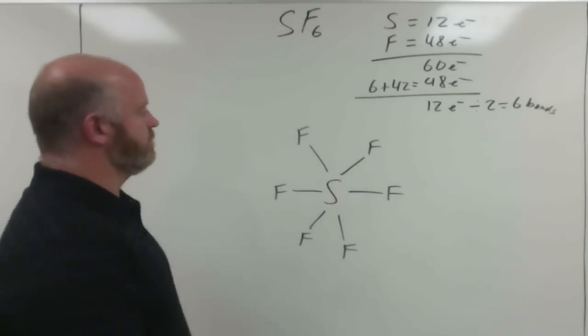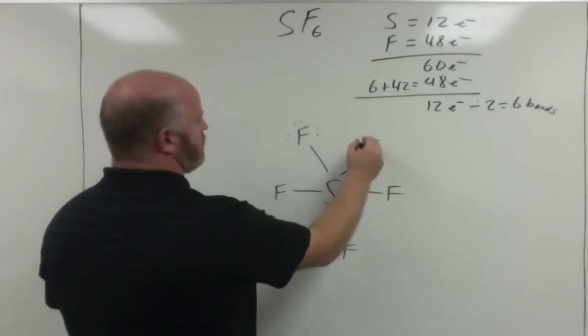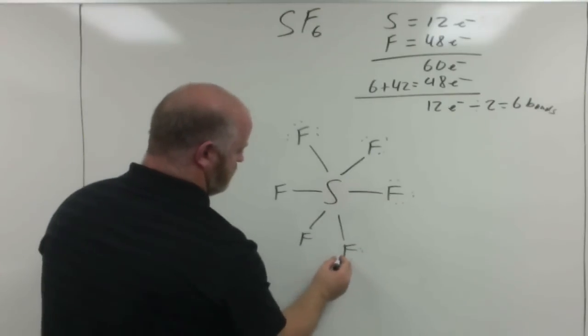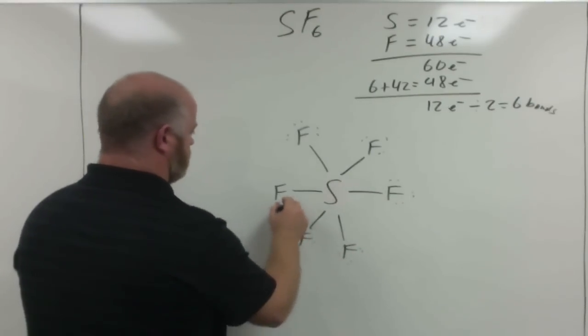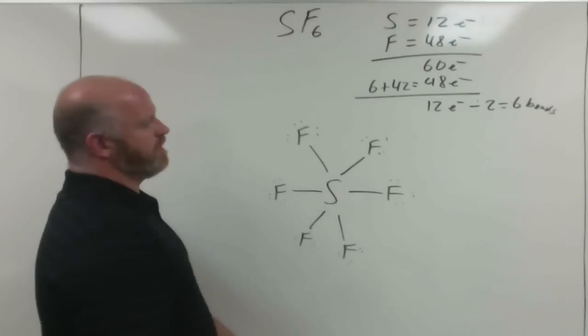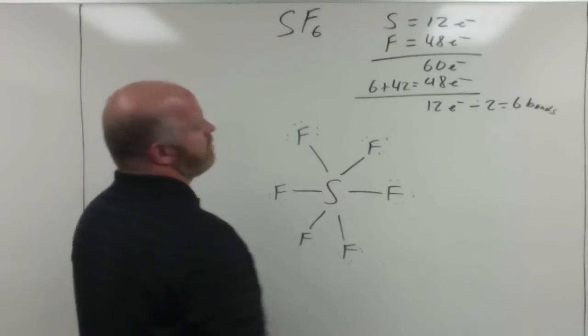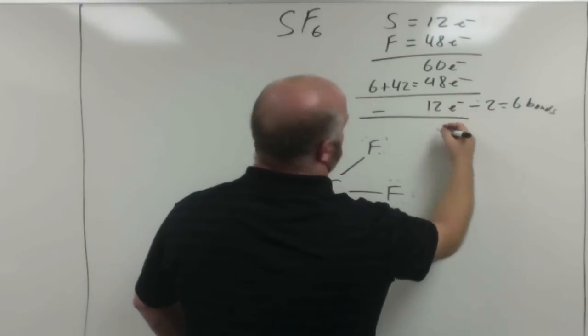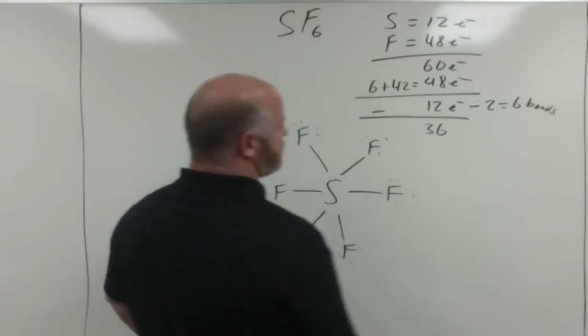to the fluorines. And then fluorine, of course, has its extra electrons on it. And we can do that math too. So 48 minus the 12, and we get 36 electrons.